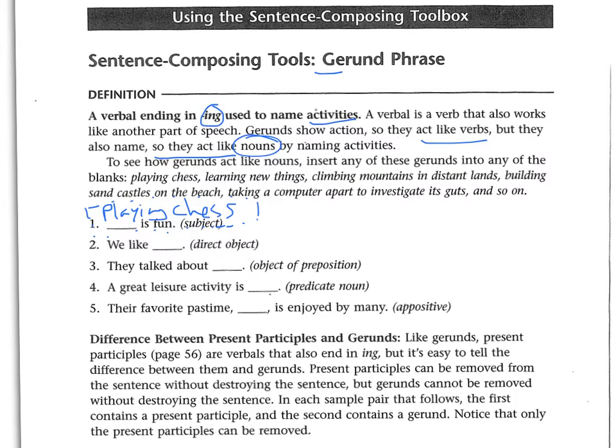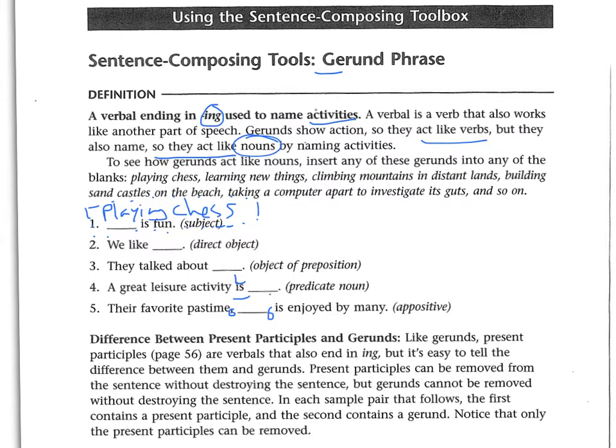Gerunds can also be the predicate noun, or, in other words, the subject complement. A great leisure activity is a linking verb. The subject complement, the predicate noun, is playing chess. Finally, gerunds can also be appositives. Their pastime, comma, playing chess, comma, is enjoyed by many.